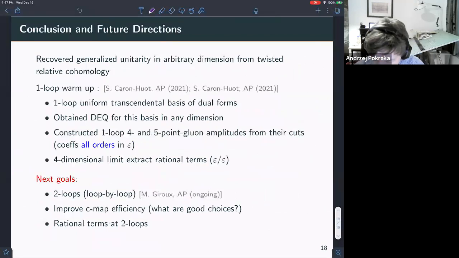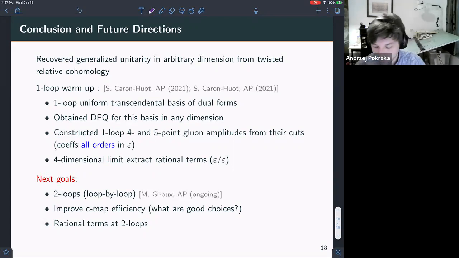Okay, so let me conclude here and give a few interesting future directions. Essentially what we have done is we've recovered generalized unitarity in arbitrary dimensions just by using some techniques from cohomology. Our first 2 papers are really on a systematic study of one loop integrals. It's a warm-up because we're just reproducing known results.